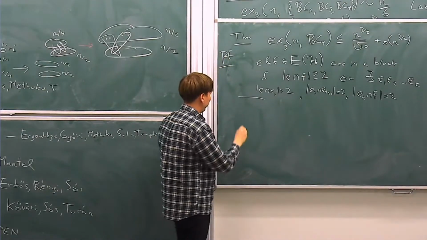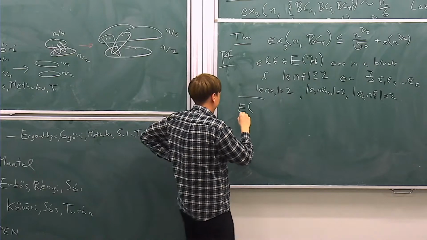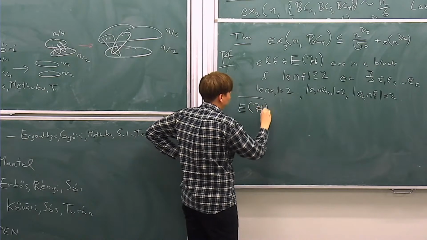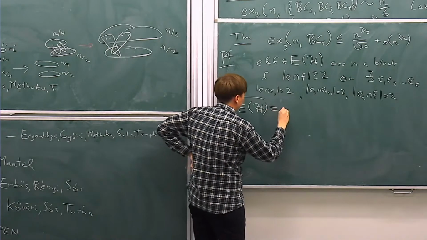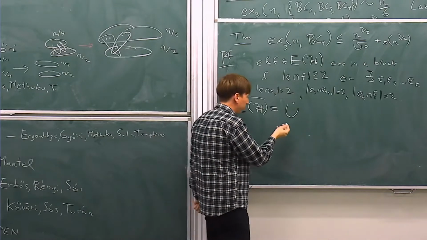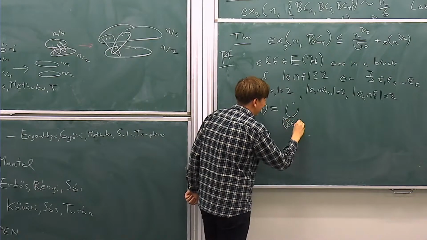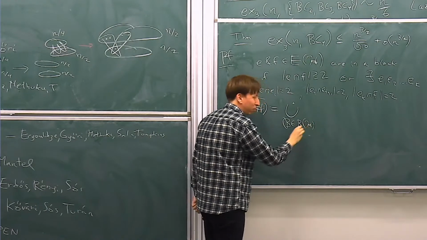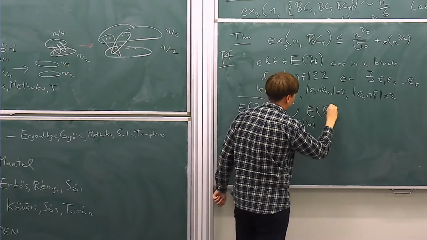In other words, the edge set of our hypergraph is a disjoint union across the blocks. Let me write B an element of B(H), the different blocks in H, of the edge set of these blocks.